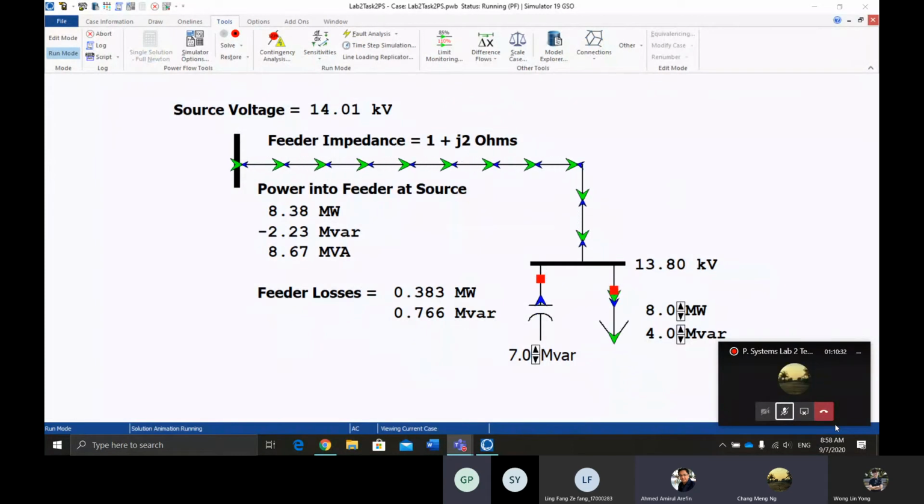Just tell us about the voltage regulation in two cases: one when you have the initial value 0 for the capacitor, and once the value is 4, which is the load MVA. What is the voltage regulation, and is it increasing or decreasing? Can you give me a minute? I'll calculate now.